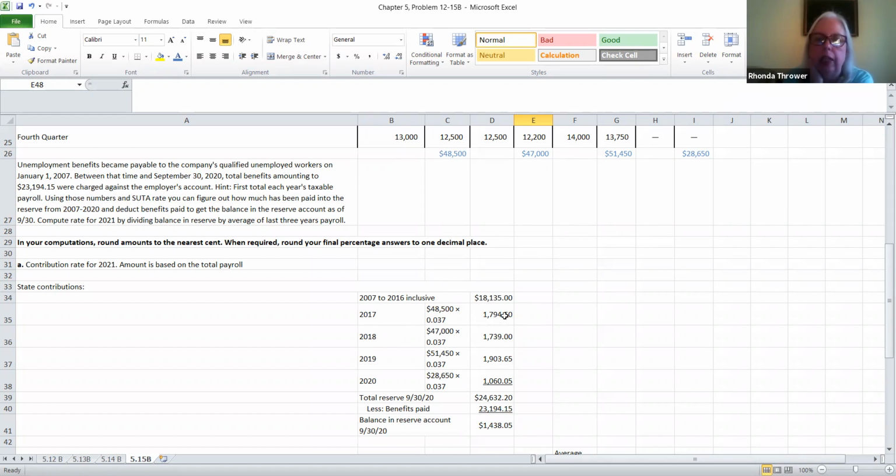$1,794.50. Each year's taxable payroll would be multiplied by the unemployment rate to get the state unemployment taxes. So every year we're multiplying by the state unemployment taxes.